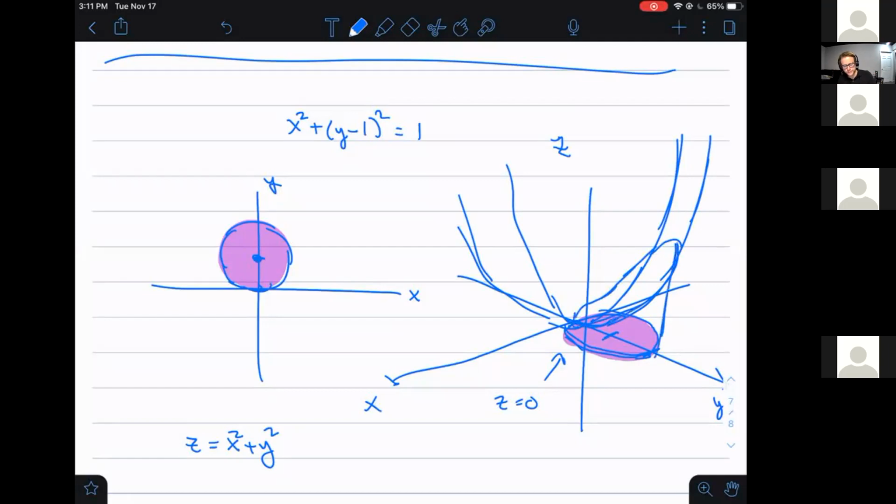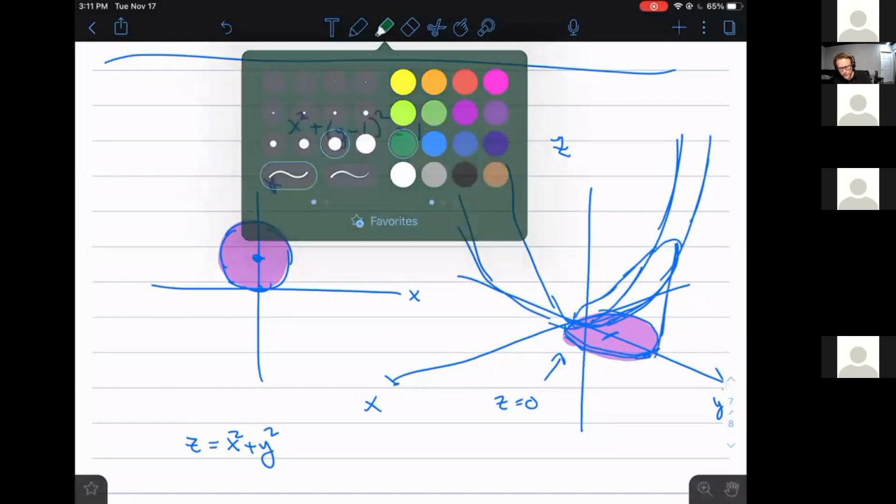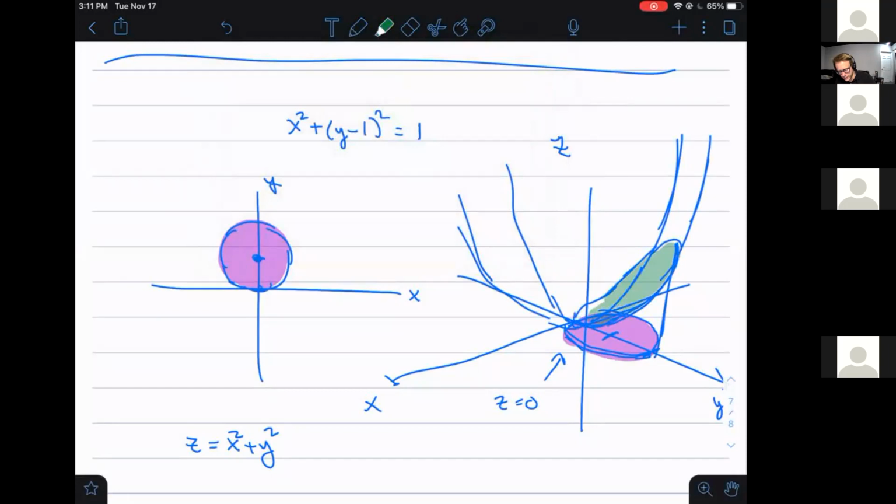Again, you want just the piece of the paraboloid that's hovering above this region here. And so here's your little cage. And the question, I believe, is about volume. Yes, it wants to know what is the volume of this three-dimensional solid.